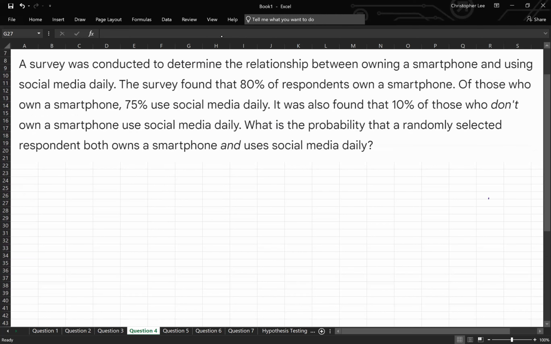A survey was conducted to determine the relationship between owning a smartphone and using social media daily, right? Rest in peace to TikTok. The survey found that 80% of respondents own a smartphone, right?